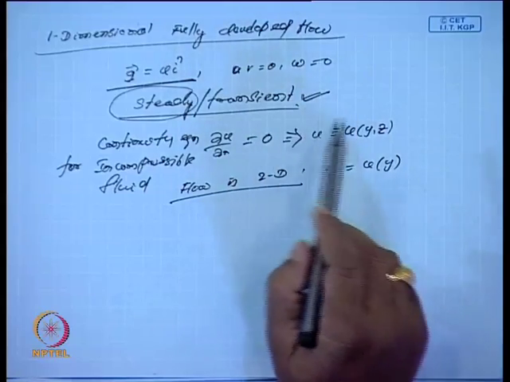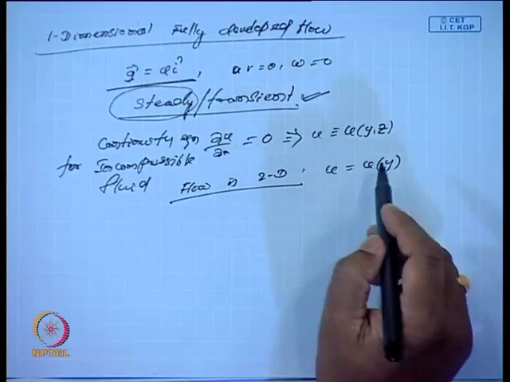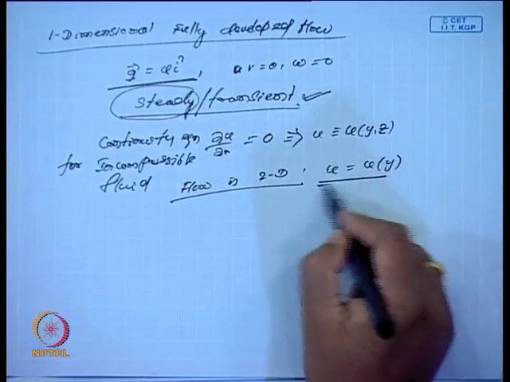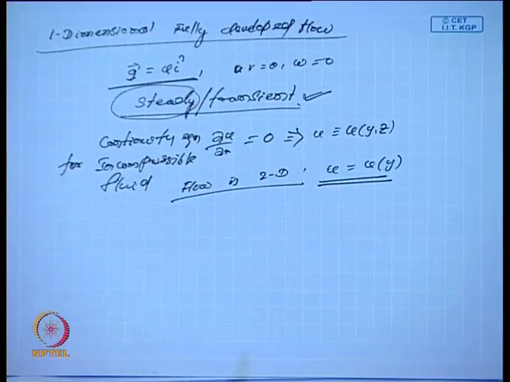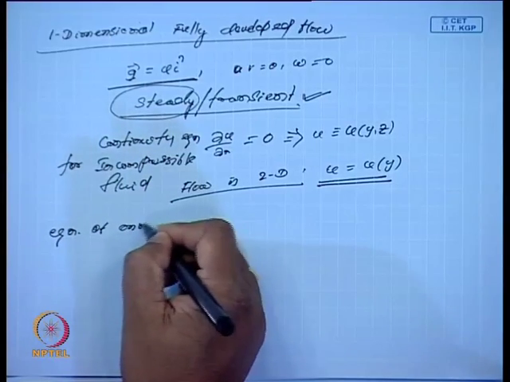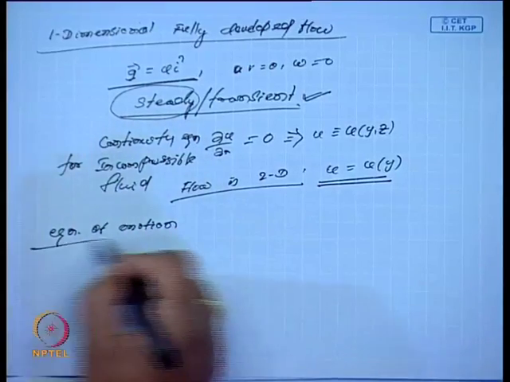So, for a two dimensional fully developed flow, for an incompressible fluid we have u equal to u(y). Now, what will happen to the equation of motion? If you look at the equation of motion, this gives us two things.